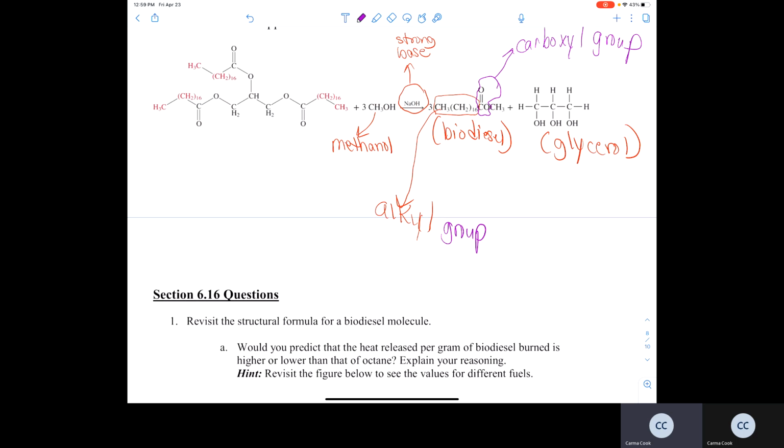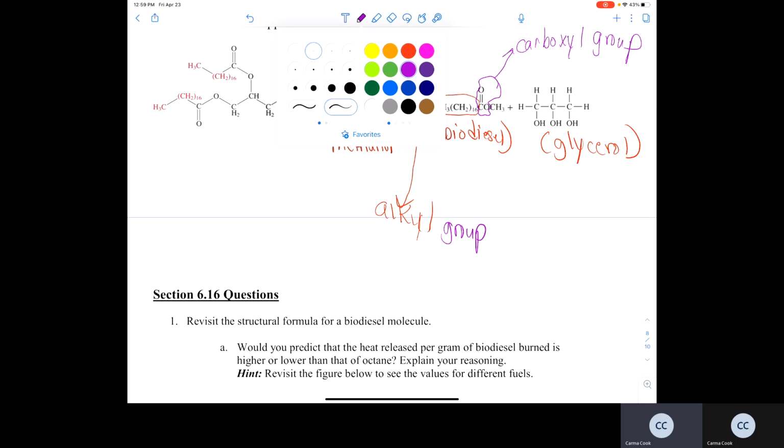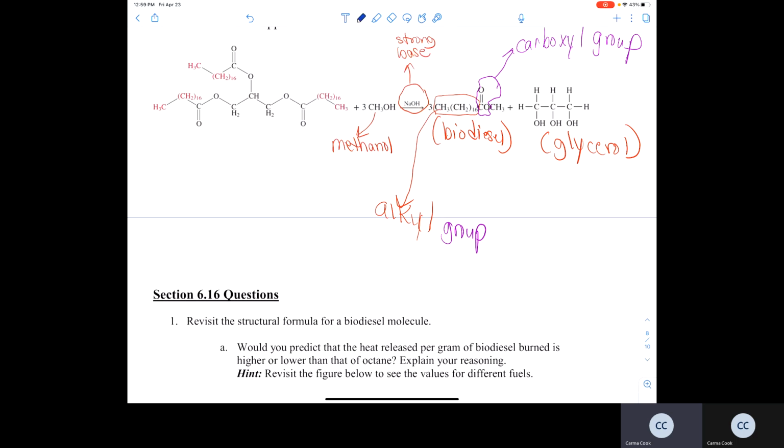and then depending on whether we use methanol or ethanol, here they use methanol, you'll also get either a methyl group or an ethyl group on the end. In this case, a methyl group, because methanol was used. So that's where that group comes from.